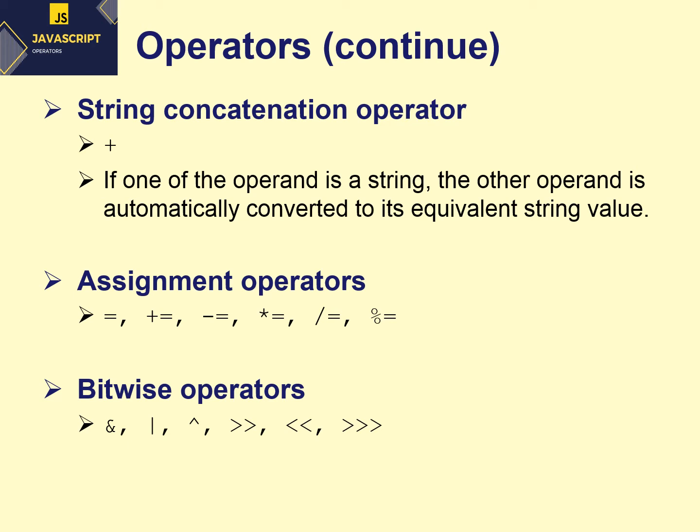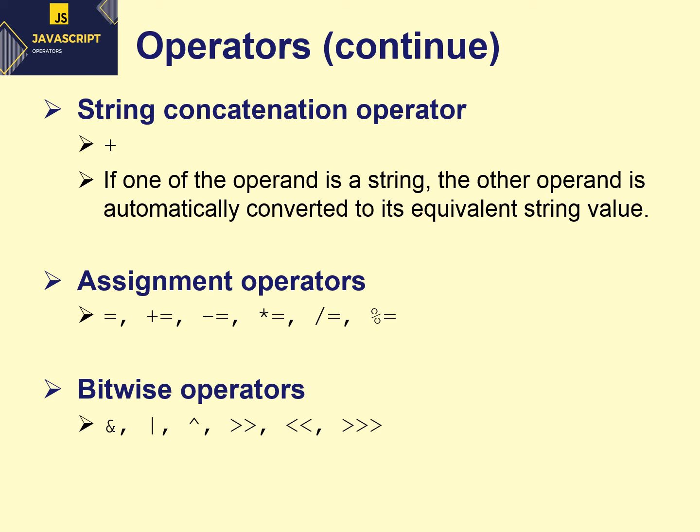If one operand is a string, the other operand is automatically converted to its equivalent string value. So if x is a string value and y has an integer value, then in x plus y both values should be converted to a string value.